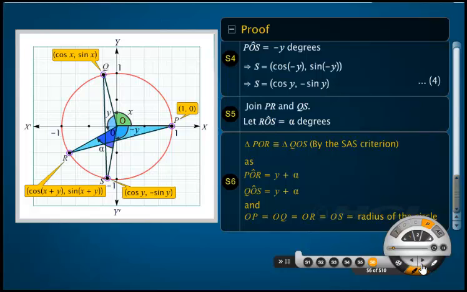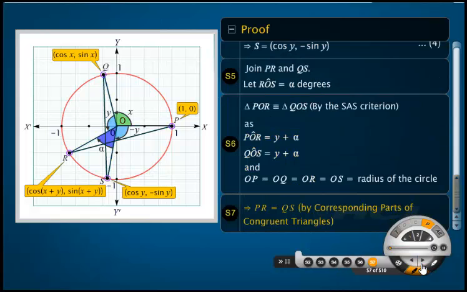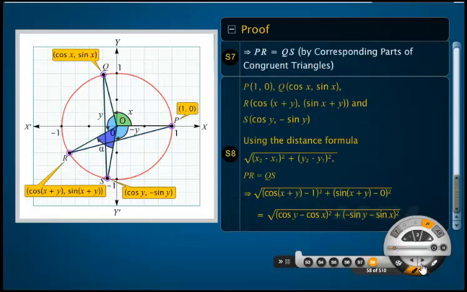Notice that the triangles POR and QOS are congruent triangles by the SAS congruence criterion, as the angles POR and QOS are equal and the sides OP, OQ, OR and OS are equal. Therefore, the sides PR and QS will be equal, being corresponding parts of congruent triangles. Next, using the distance formula, compute the distance PR and QS.